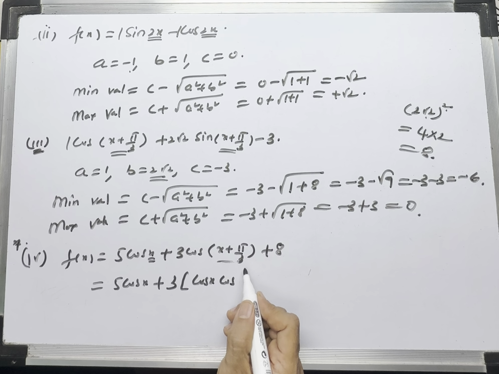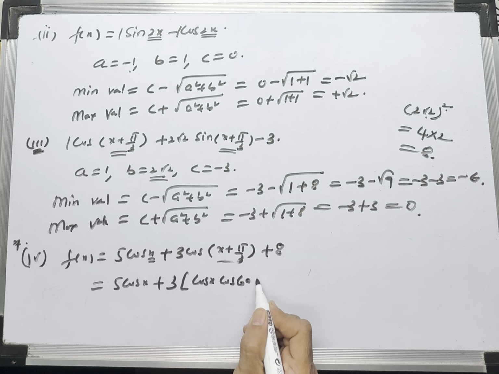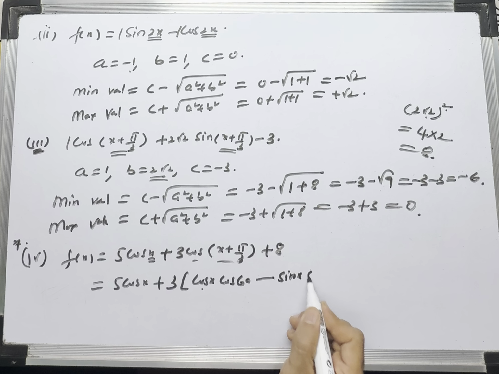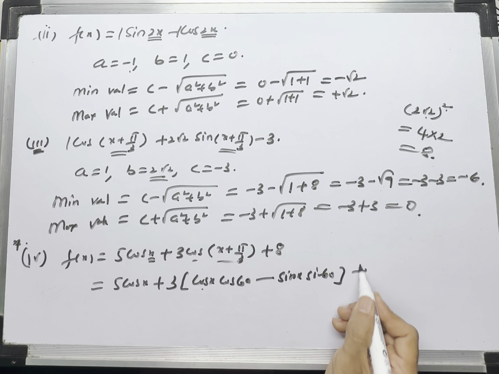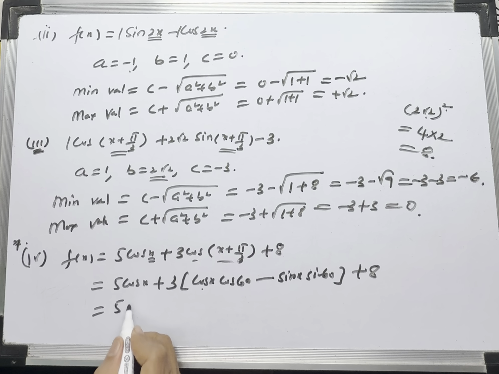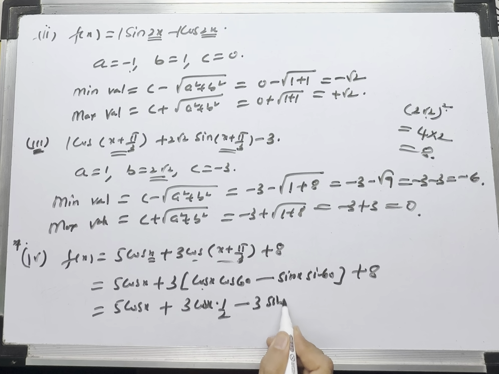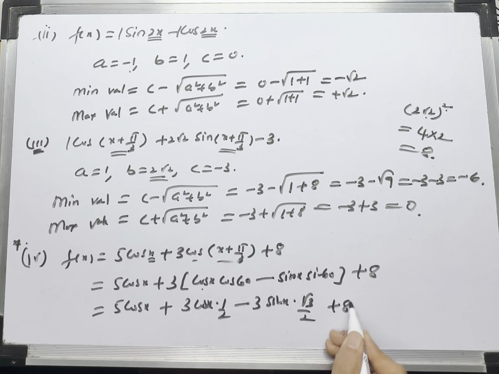Pi by 3 is how much? 180 by 3, 60. Cos a plus b is cos a cos b minus sin a sin b, plus 8 as it is. Now 5 cos x plus 3 into cos x into cos 60, 1 by 2, minus 3 into sin x into sin 60, this is root 3 by 2, plus 8.